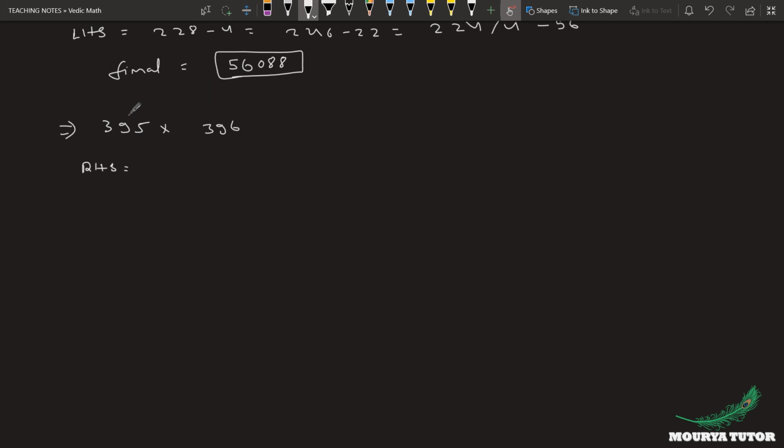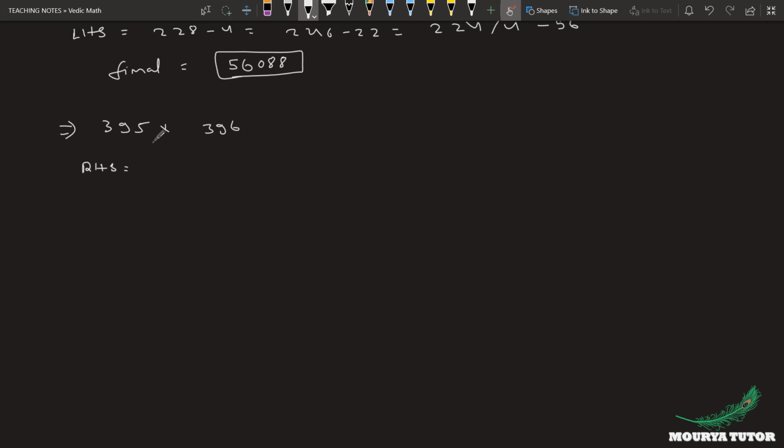So we can see that the working base can be 400 for these two numbers. So we know that 400 can be found if we take the actual base 100, then we need to multiply it with 4, then we will get 400. Now let's just assume that we did this in our mind.